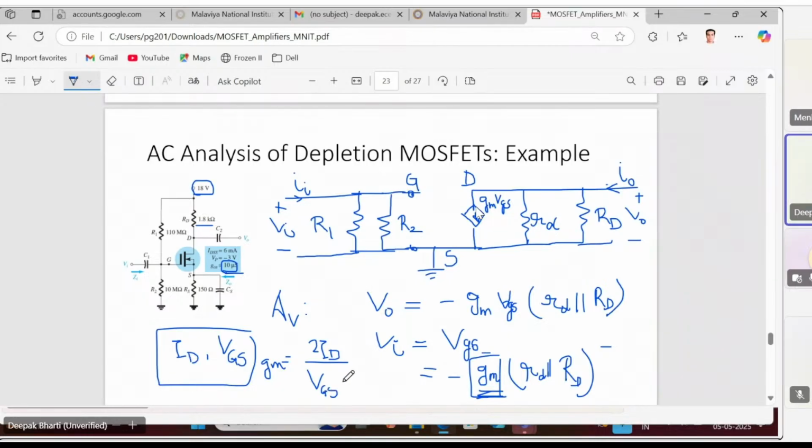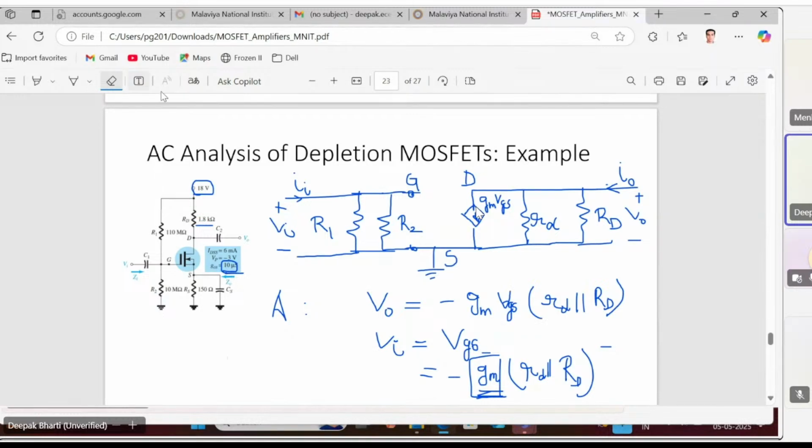Sorry, I am writing this for the enhancement, but actually this is depletion MOSFET. So we have to use a different formula, the Shockley's equation based formula. So what was that? GM was equal to twice of IDSS by mod of VP into 1 minus VGS by VP.